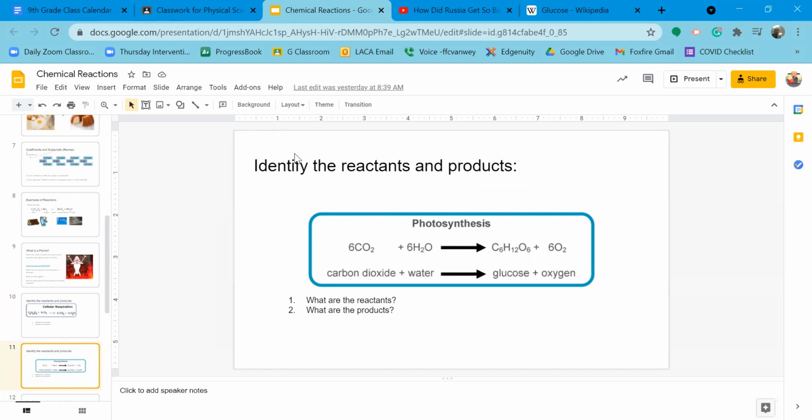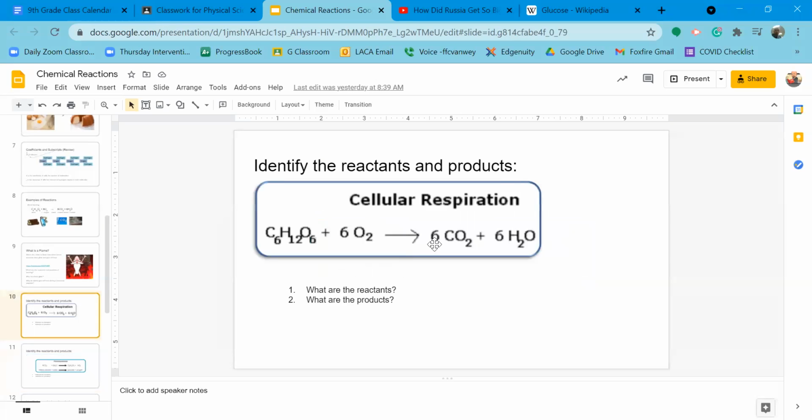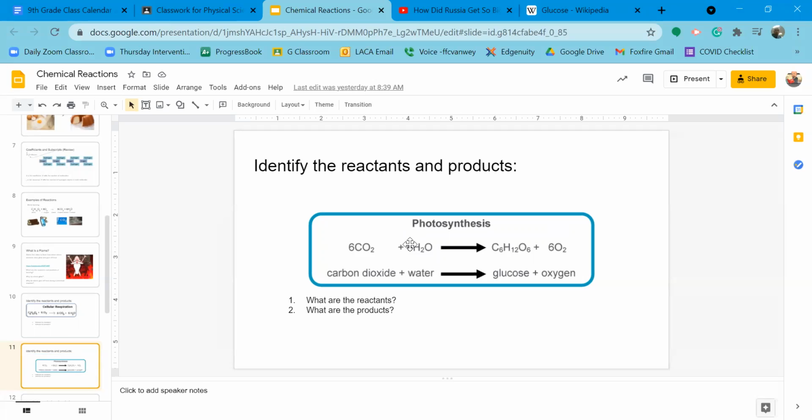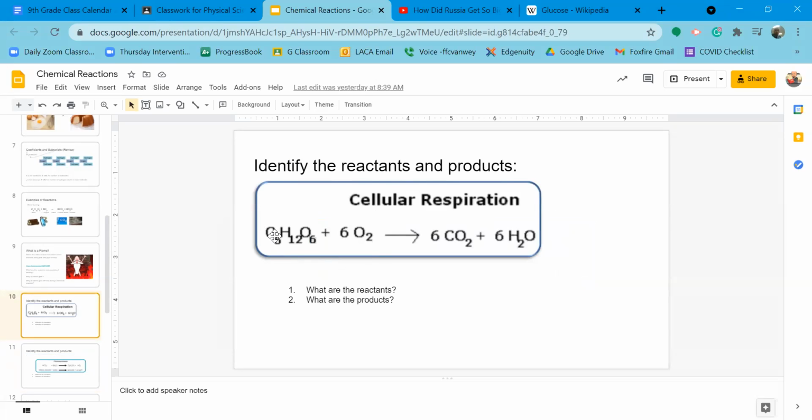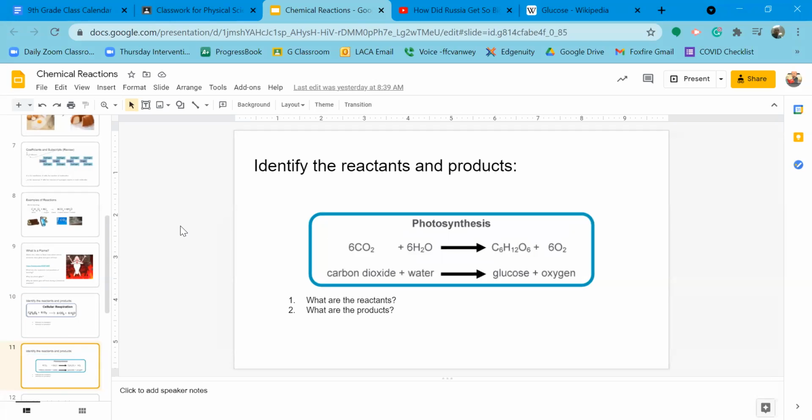It takes energy from the sun and adds it to the carbon dioxide and the water, and it will yield the products of glucose and oxygen. So this is how sugar is made. Our lungs work in the opposite way as leaves work. Leaves do this thing, our lungs do this thing. They're opposite reactions.